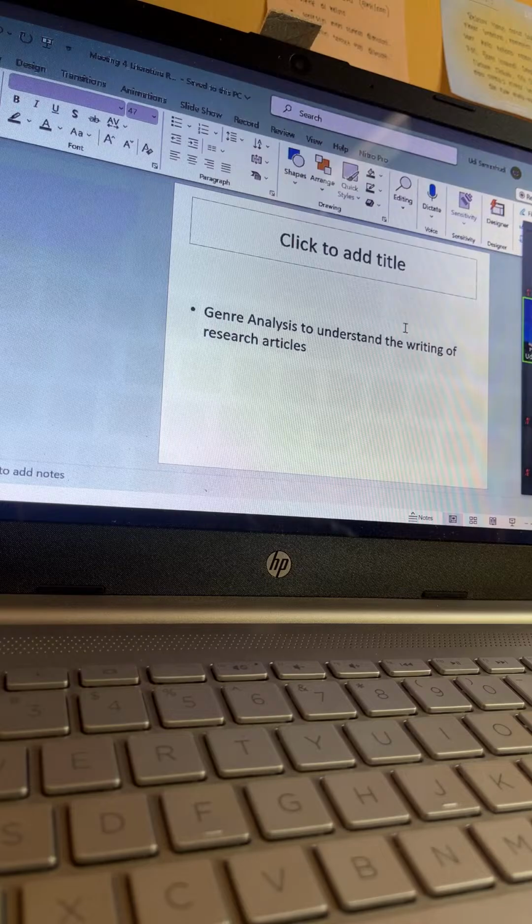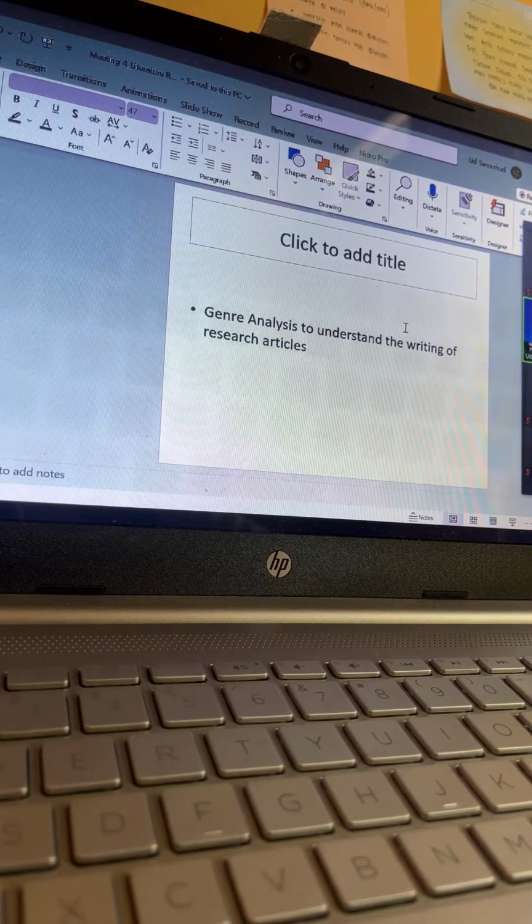So the easiest way or the shortcut to the understanding of research article writing in general is to do a genre analysis. A genre analysis means you are focusing on each section and then concentrate on how each section is written. Yeah.